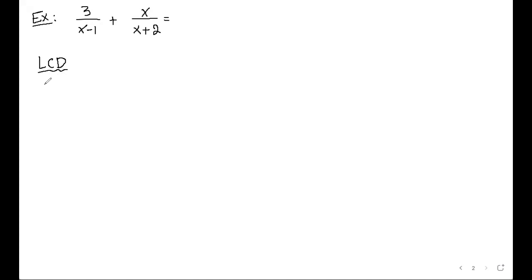Like I said before, we have to factor the denominator of the first fraction and factor the denominator of the second fraction. Then wherever they are not similar, we multiply the first fraction and the same thing for the second fraction. So in the first fraction, what is the factor of x minus 1?